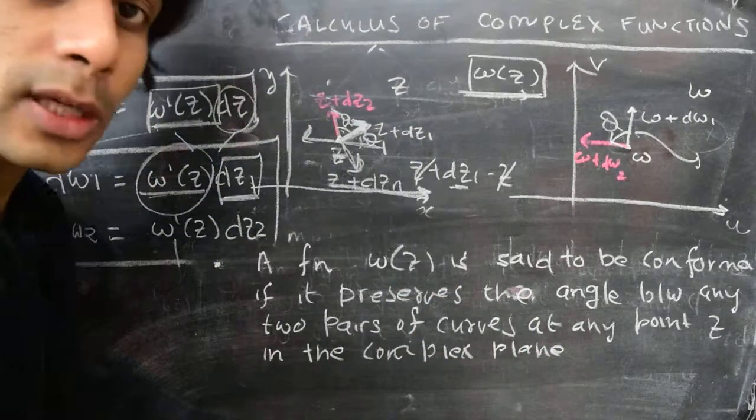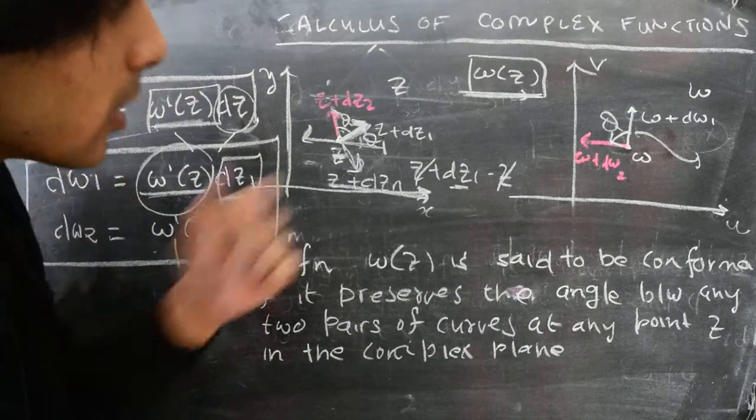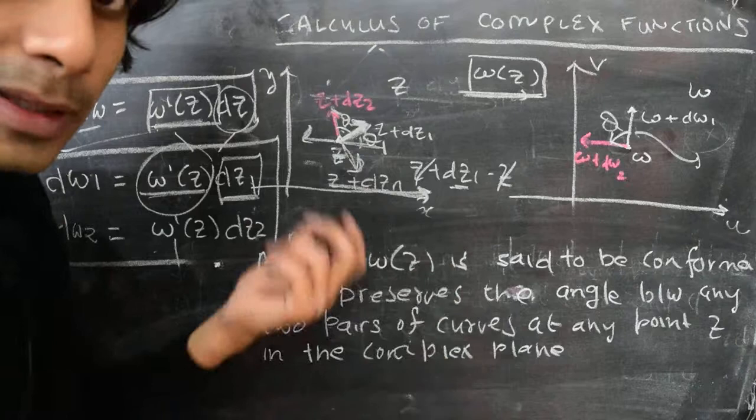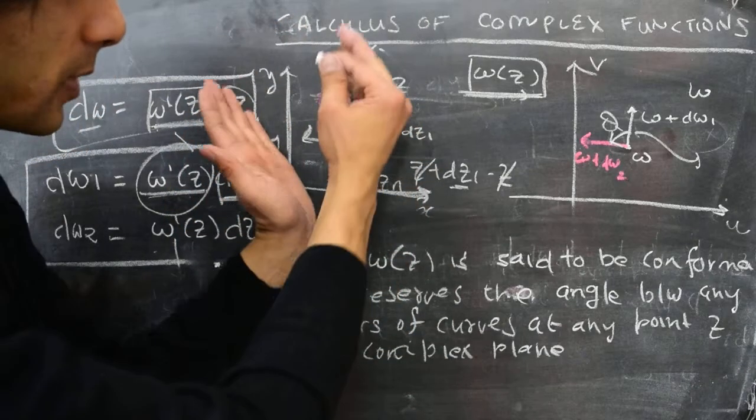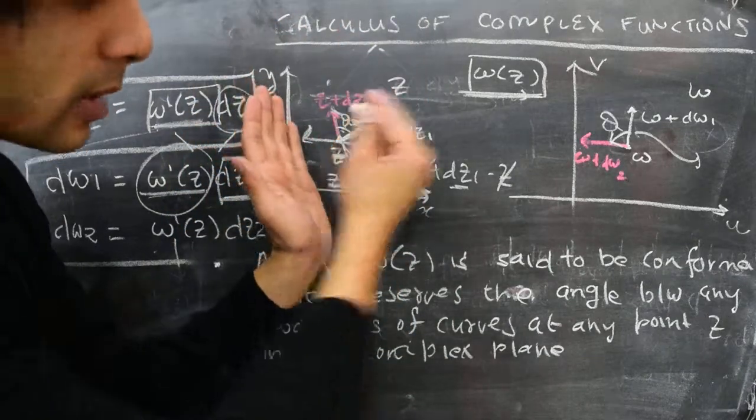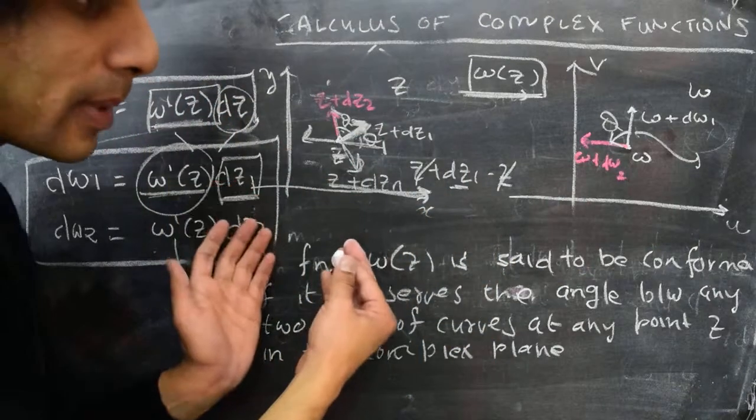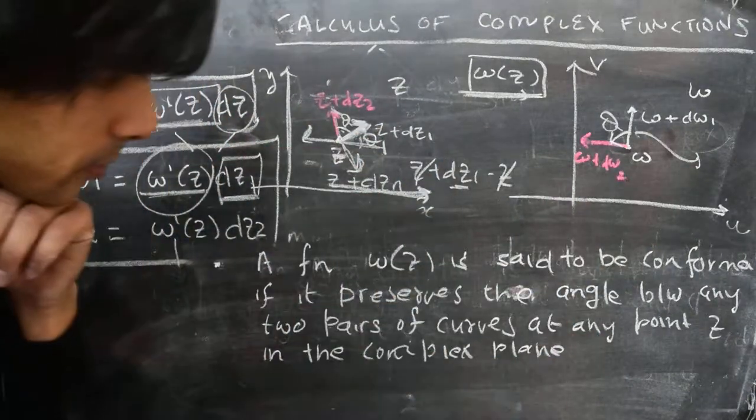Such a mapping is said to be a conformal mapping. So, given the definition of an analytic function that it will preserve the angle between these two infinitesimal vectors in the image plane, an analytic mapping is by definition conformal.